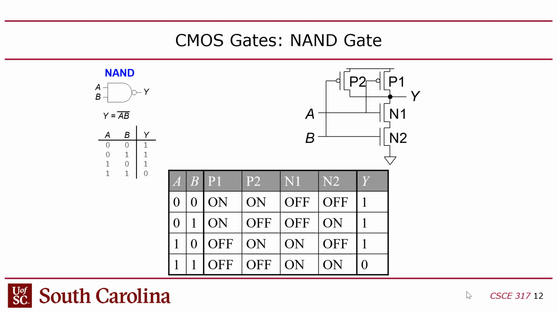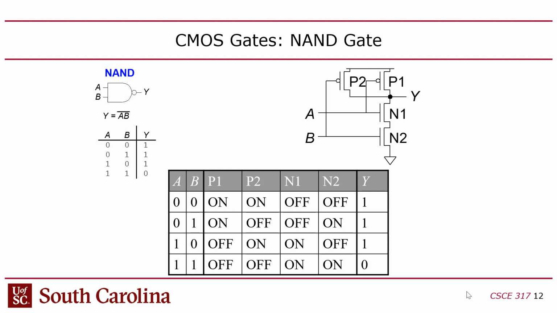Why? Well, that's because these two in the pull-down network are in series. The only way to pull down is to have both transistors in series turned on at the same time. If either A or B is 0, then it will turn off one of the two transistors in series, which means it'll disconnect the pull-down network.